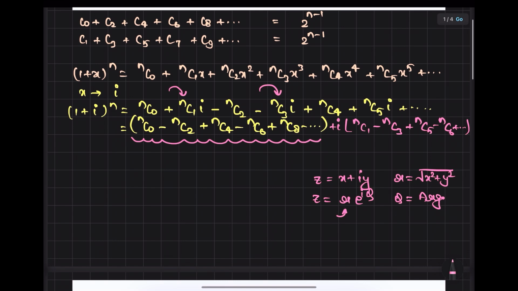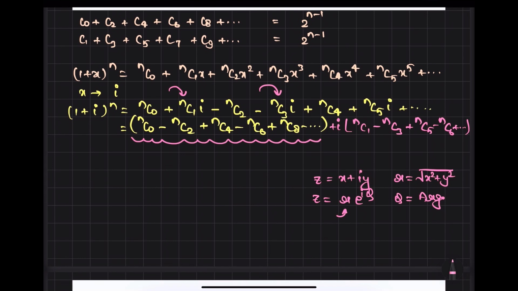Now look at this. If you observe these two numbers, it is in the first quadrant, real part is 1, imaginary part is 1. So 1 comma 1. If you think about the argument, you will find it to be 45 degrees.